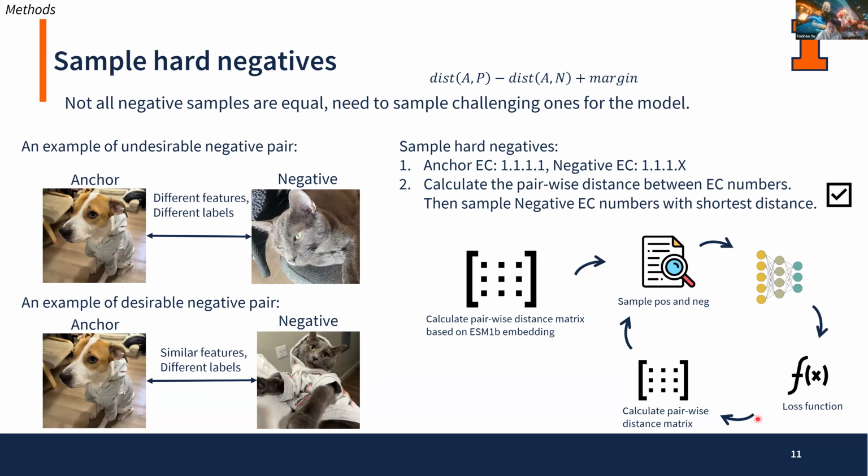Now we train the model, and after training, we recalculate the pairwise distance matrix so that we can dynamically find the newest hard negatives according to the current training stage. This cycle keeps training going on. Calculating the pairwise distance and updating the so-called new hard negatives are not done every epoch, but at constant intervals, as a hyperparameter.